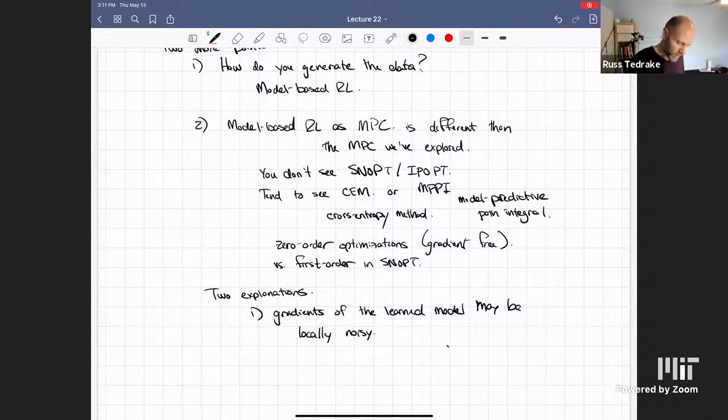If I have a bunch of data like this, I'd love to get a beautiful, smooth function that goes through it.